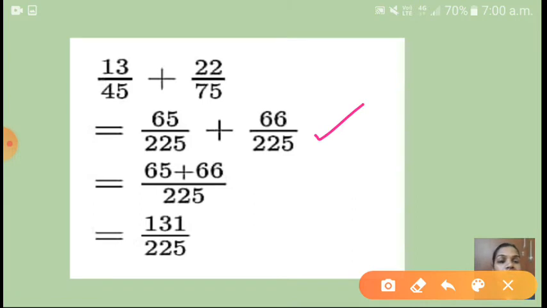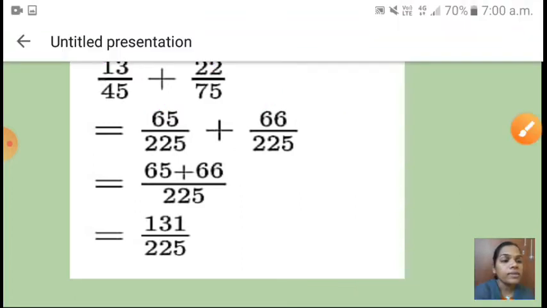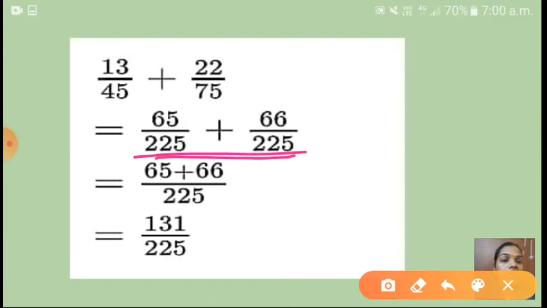Okay. So the equivalent fraction of this fraction, what did we find? 65 upon 225. The equivalent fraction of this number is what? 66 upon 225. So now see here children, these are like fractions. So we can add easily, isn't it? So 65 plus 66 upon 225.